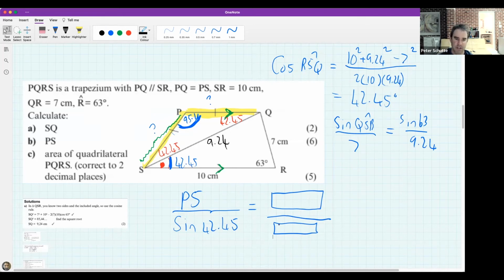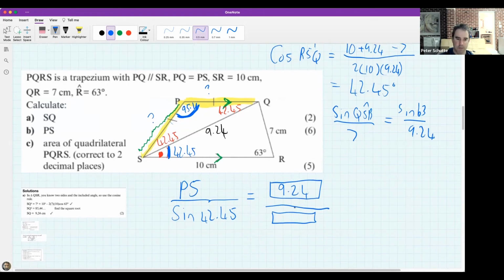So I need a matching pair of angles and sides. It looks to me like 9.24 would be the side. And then below that is going to be the sine of 95.1, because that's opposite the 9.24. And so what is my final answer for PS?